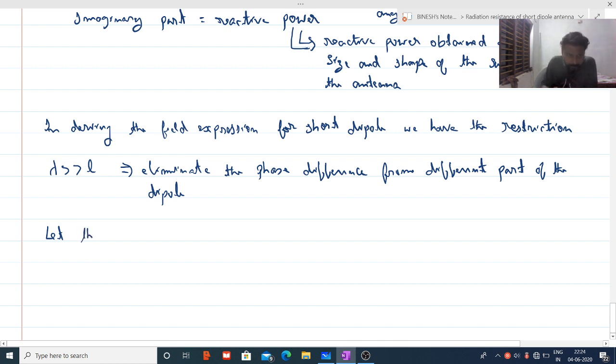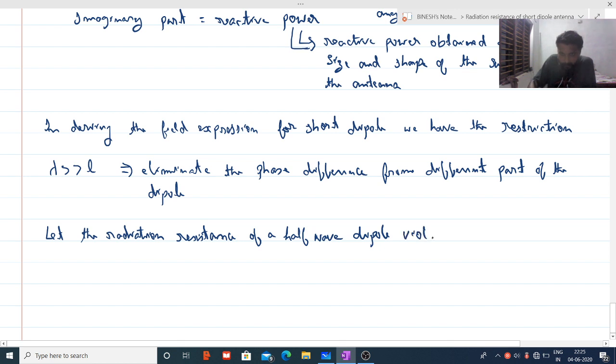Let the radiation resistance of a half-wave dipole antenna, violating the assumption we have made, that lambda is very much greater than L, then L can be taken as lambda by 2 for a half-wave dipole.